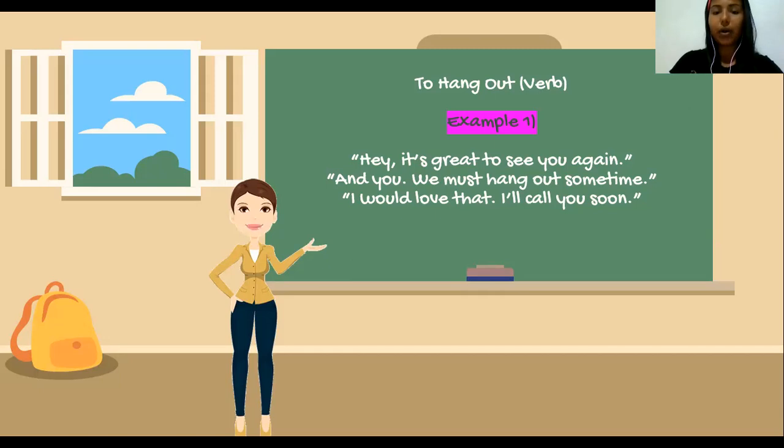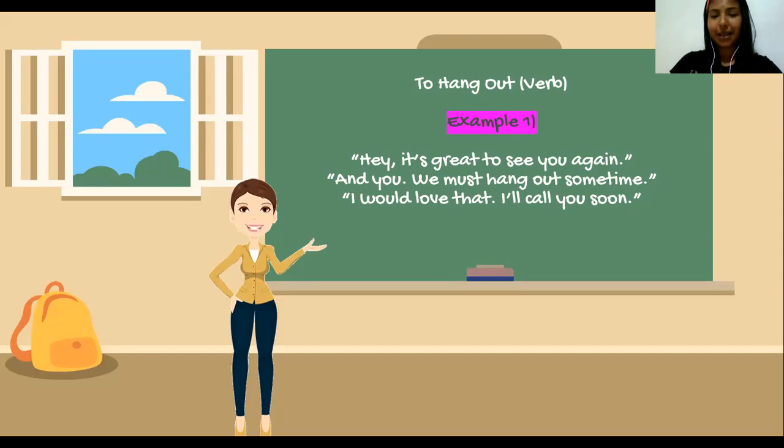Okay. And what if you ask your friend what they are doing and they just answer hanging out? It means that they are free and they are not doing anything special. So you see how this verb could be hard to identify its meaning, okay?